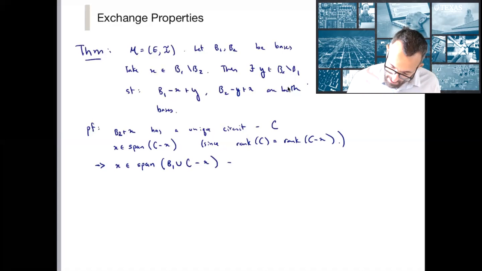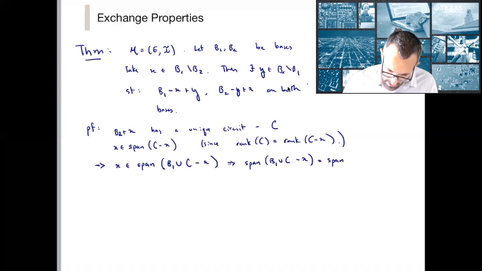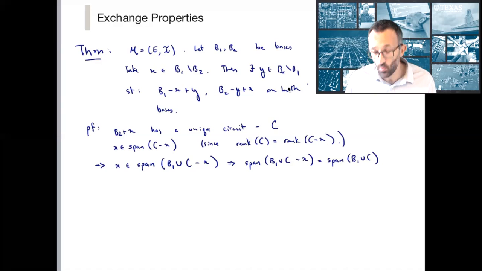And in particular, that also implies that the span of B1 union C minus x is equal to the span of B1 union C. Because the span of B1, of course, is all of E. So again, why is this true?